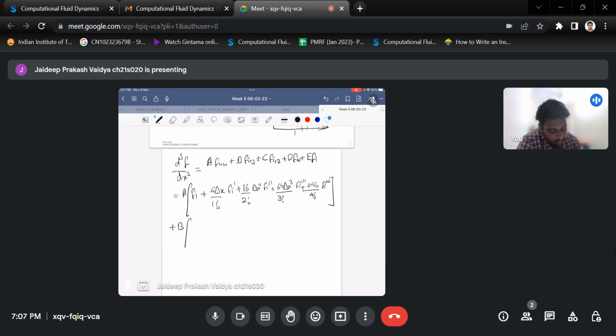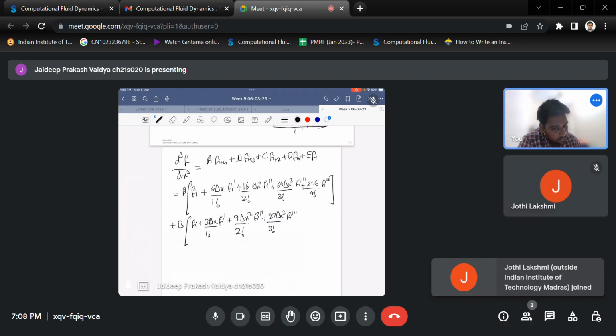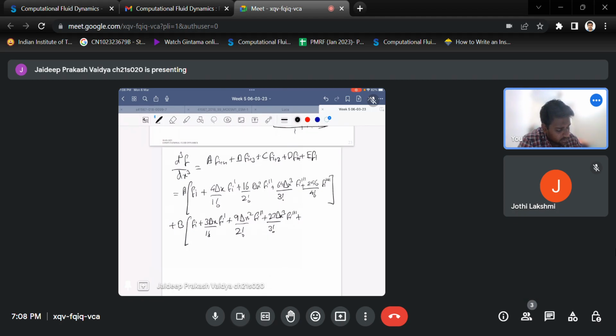Similarly, we write for b as fi plus 3 delta x by 1 factorial times fi dash plus 9 delta x square by 2 factorial fi double dash plus 27 delta x cube by 3 factorial fi triple dash plus 3 raised to 4, that is 81.